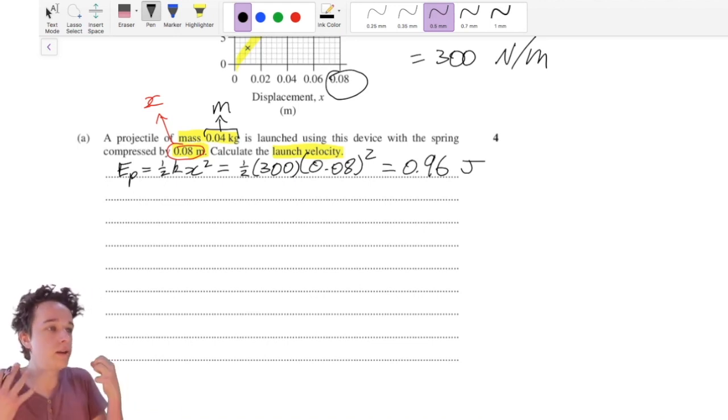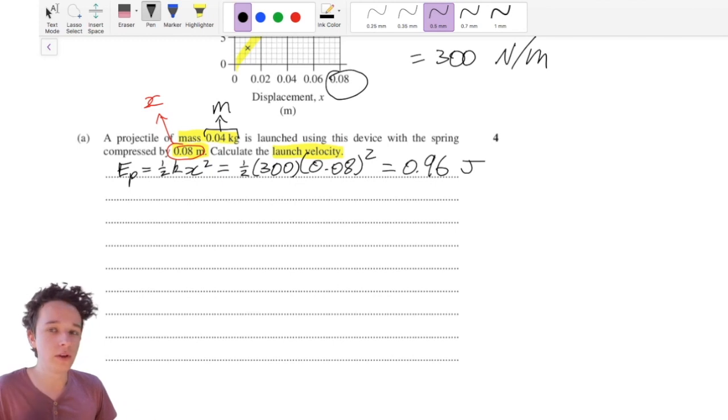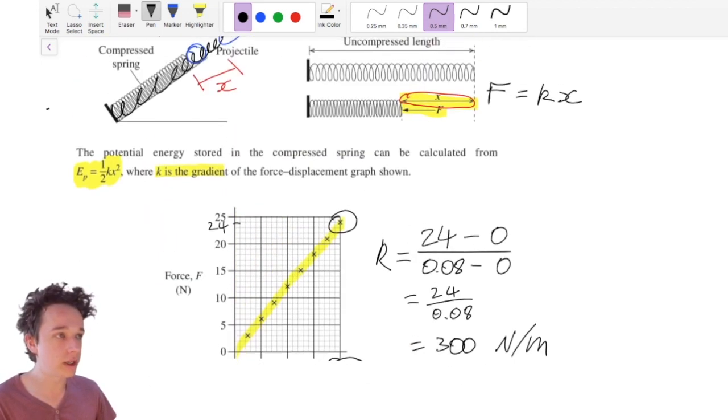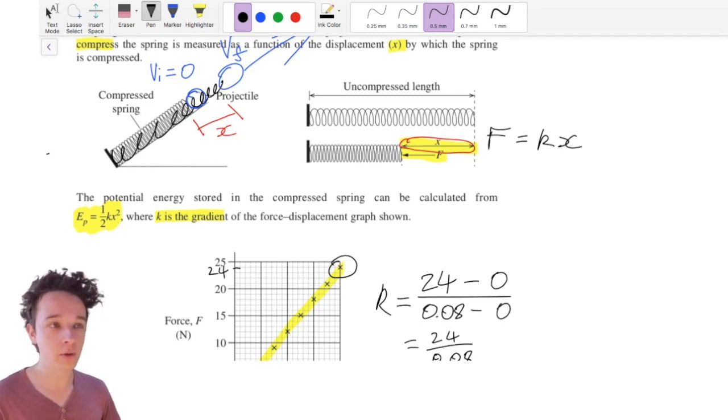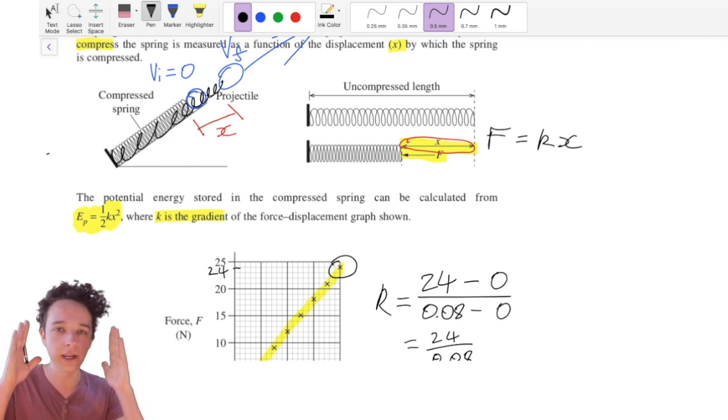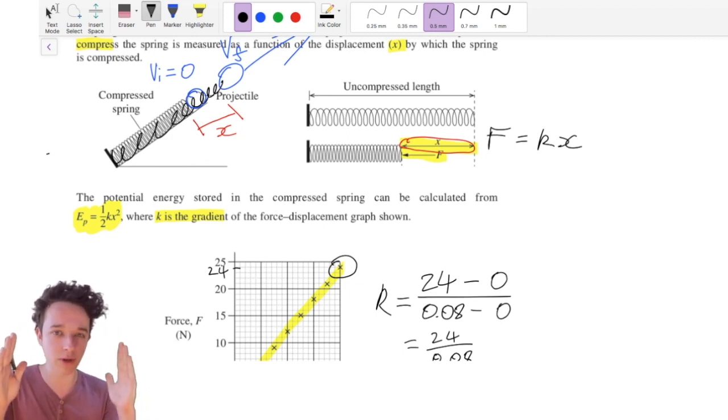Okay, so we have the potential energy of this spring-ball system. We know the initial energy: this is the potential energy initially, when the spring has been compressed. Then consider what would be the potential energy of the spring when it's uncompressed. If it's uncompressed, then the displacement x is equal to 0, because there's no difference between the uncompressed length and the uncompressed length.